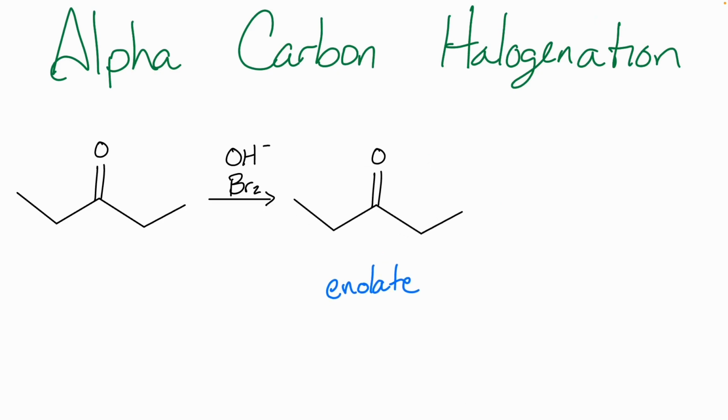Cool, so we get our enolate. We can use the more convenient one for our mechanisms here, where we have that carbanion. Just like before, this can play the role of the nucleophile. It's an even better nucleophile than our enol. And so under basic conditions, we will also get this bromination of our alpha carbon.